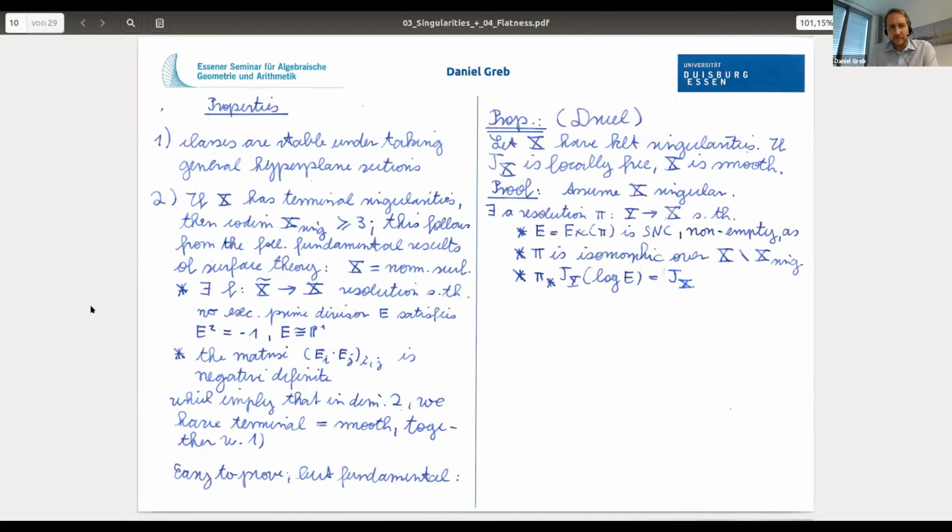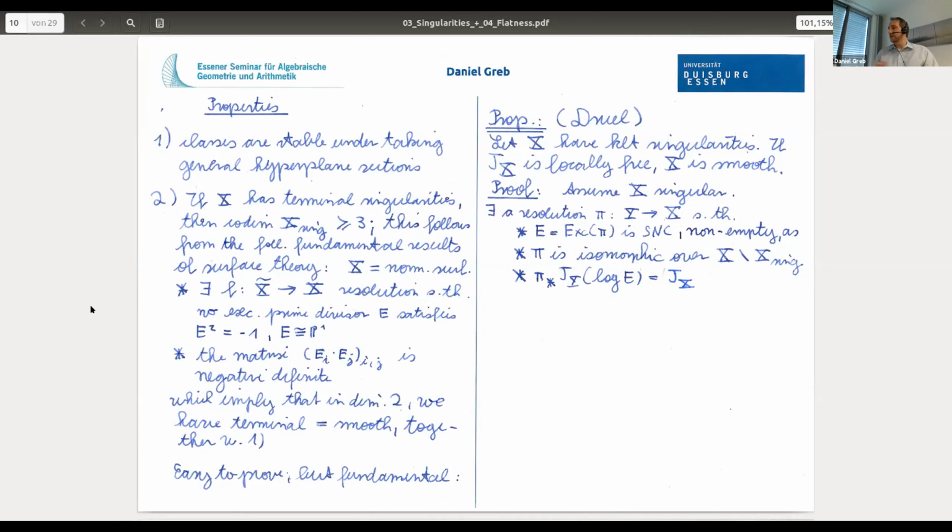There is another thing which is almost as easy to prove, but absolutely fundamental for what I'm going to talk about. The younger people will not remember, and I am too young to have been around when this first came about. There is a famous conjecture, namely the Lipman-Zariski conjecture, which tells you that if you have a normal variety X, and you assume that the tangent sheaf is locally free, then X should be smooth.